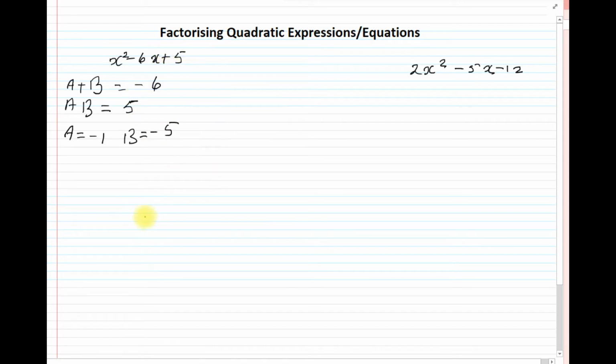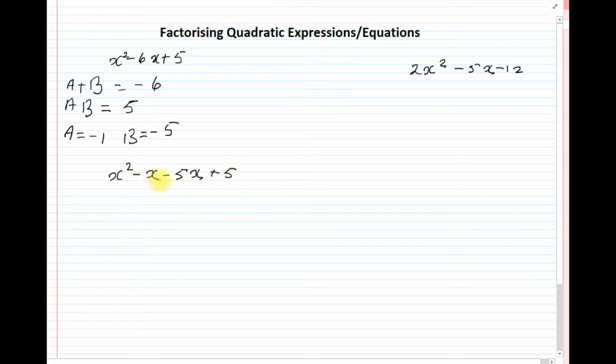So what we'll do here, then, we will write our equation x squared, and the minus 6x we will write using the a and b that we found as minus x, which is the same as minus 1x, and minus 5x. And then we have this plus 5 at the end.